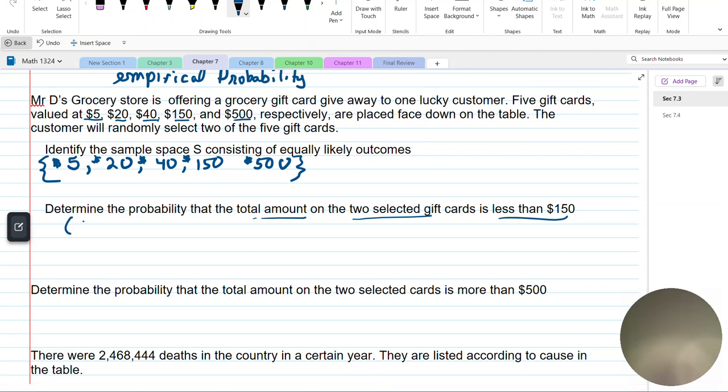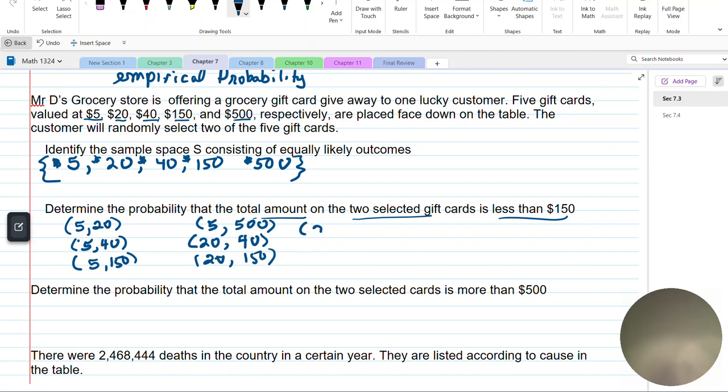So we could have the 5 and the 20, the 5 and the 40, the 5 and the 150, the 5 and the 500. All right. Then I could have the 20 and the 40, the 20 and the 150, the 20 and the 500.